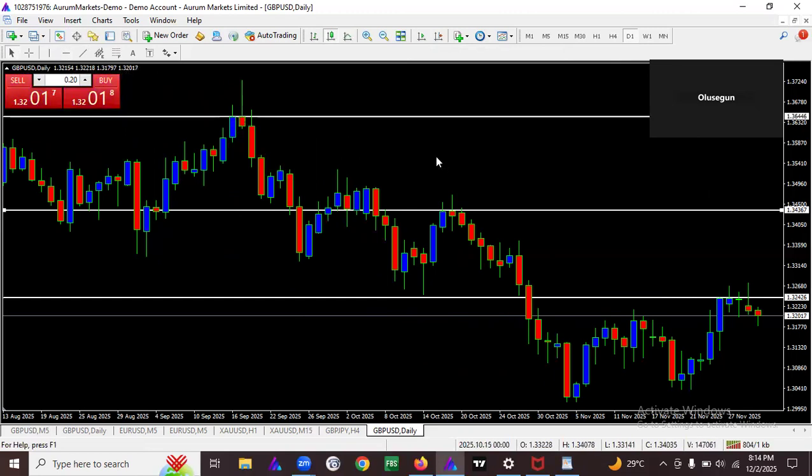Okay. So anytime price gets to a resistance level, price is expected to retrace from that level or reverse from that level. But in some cases, price might break out from the resistance level instead of respecting it.